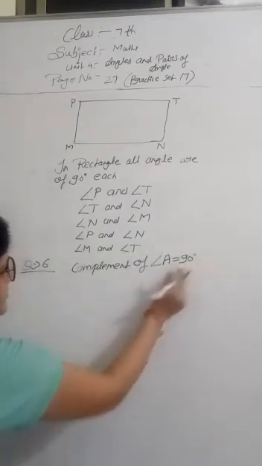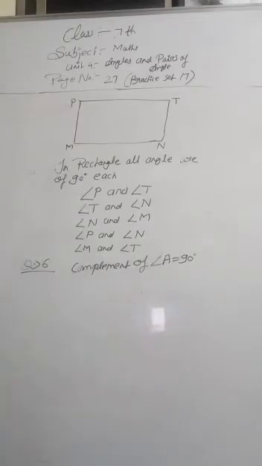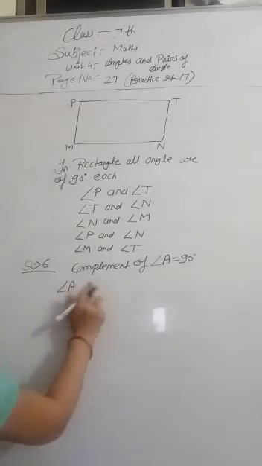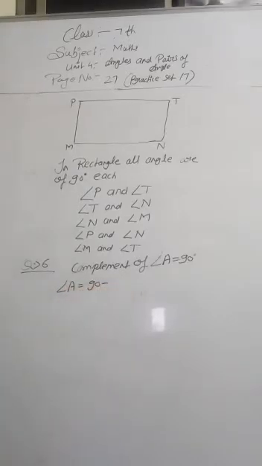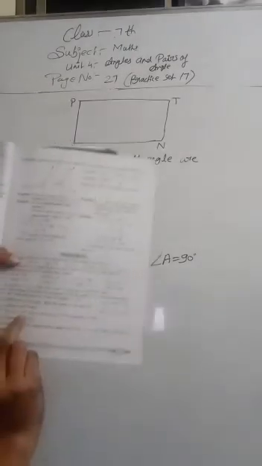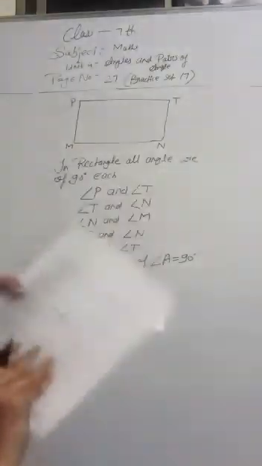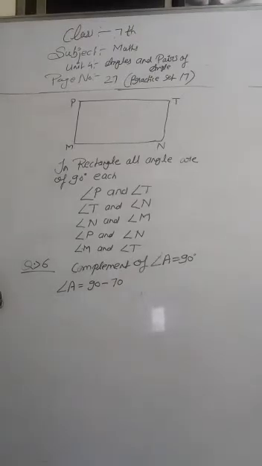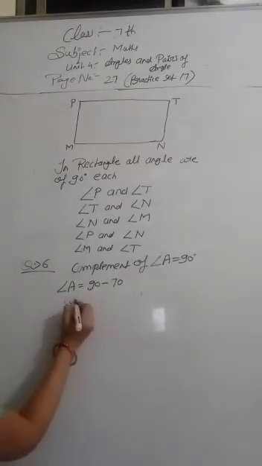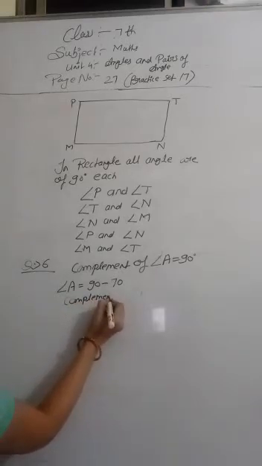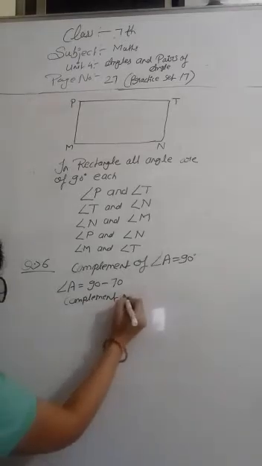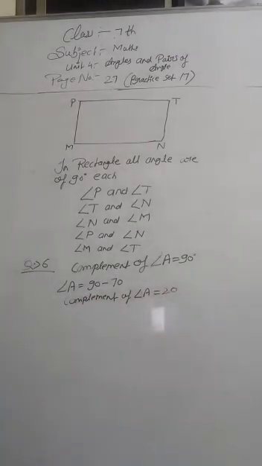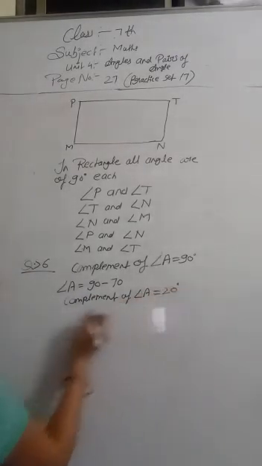So complement of angle A equals 90 degrees minus angle A, and what is given here is 70 degrees. So the complement of angle A equals 90 minus 70, which is 20 degrees.